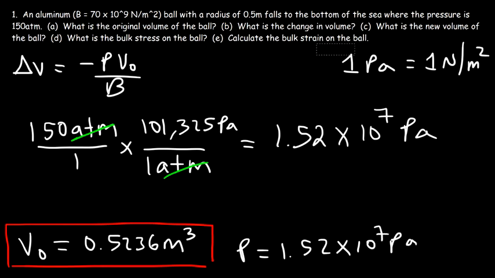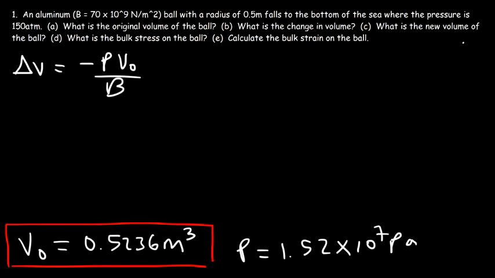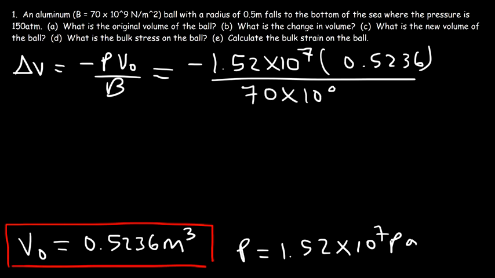So now let's calculate the change in volume. So this is going to be negative P, which is negative 1.52 times 10 to the 7, times the original volume, which is 0.5236, divided by the bulk modulus, which is 70 times 10 to the 9.